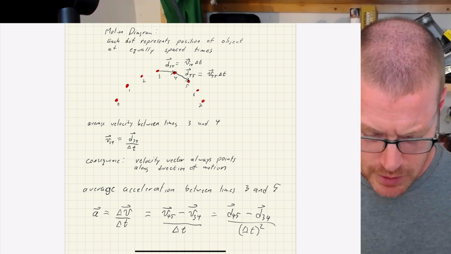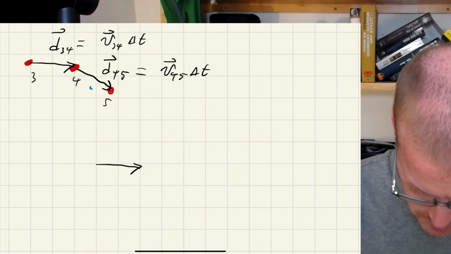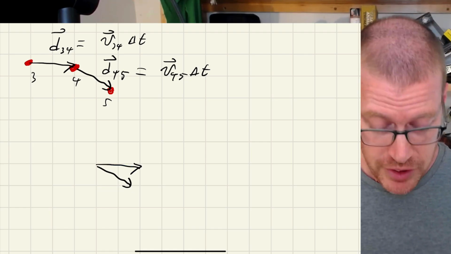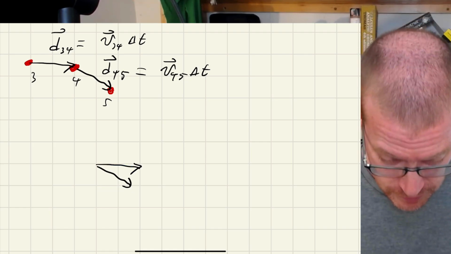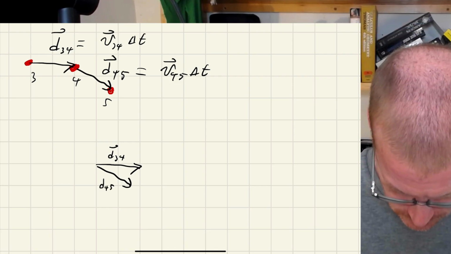Right. Well, let's copy those vectors and try that. So this top vector is d34. This bottom vector is d45.